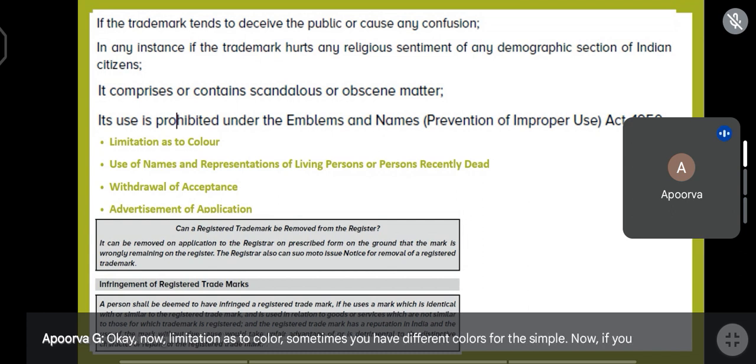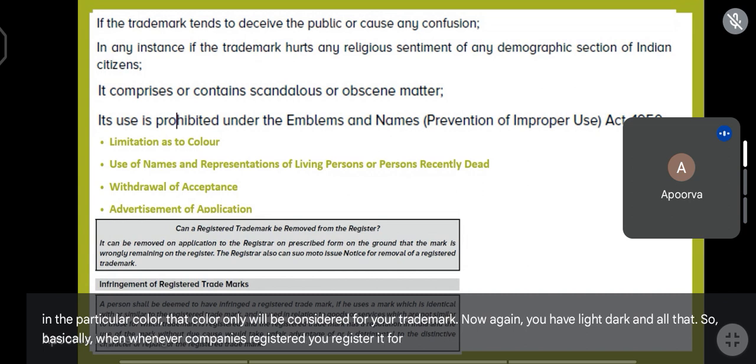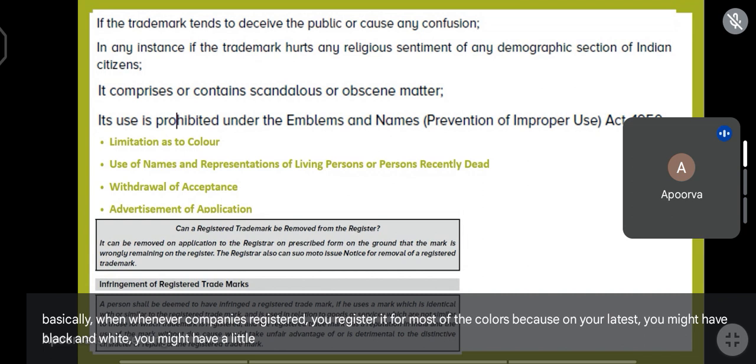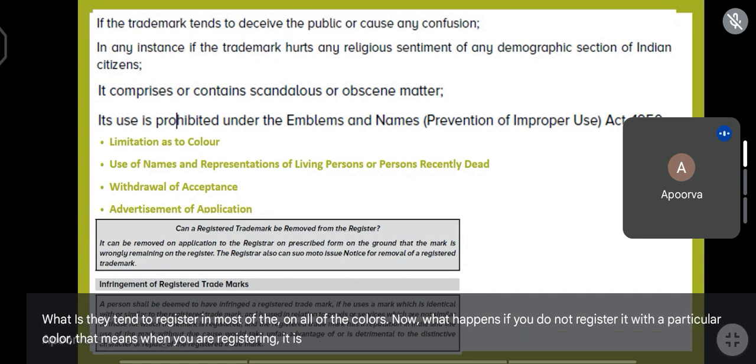Now if you are registering in a particular color, that color only will be considered for your trademark. Now again, you have light, dark and all that. So basically whenever companies register, they register for most of the colors, because on your letterhead you might have black and white, you might have a little color, on your symbols you might have full color. So basically companies tend to register in all of the colors. Now what happens if you do not register it with a particular color? That means when you are registering, it is assumed that all the colors have been registered for that particular symbol.